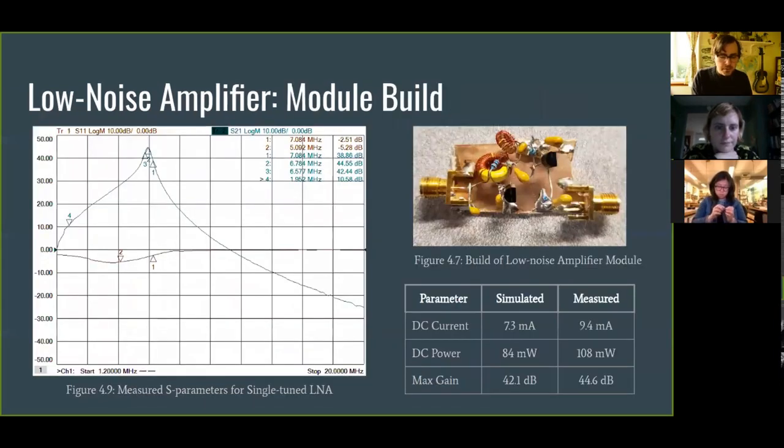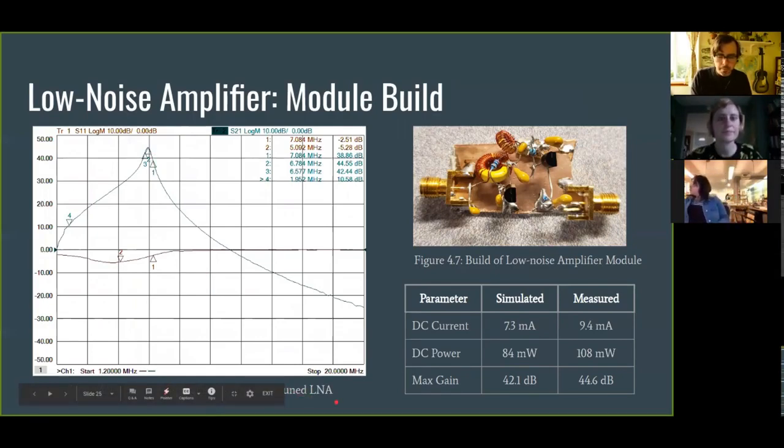When we built it, I did the same thing on a VNA, took these measurements, and they look surprisingly similar considering how ugly that module is. But there was a little bit of a difference: the maximum gain shifted down by about 300 kilohertz. So I had to go back and retune this inductor here. It was a little too large, and so it was moving the peak frequency back.